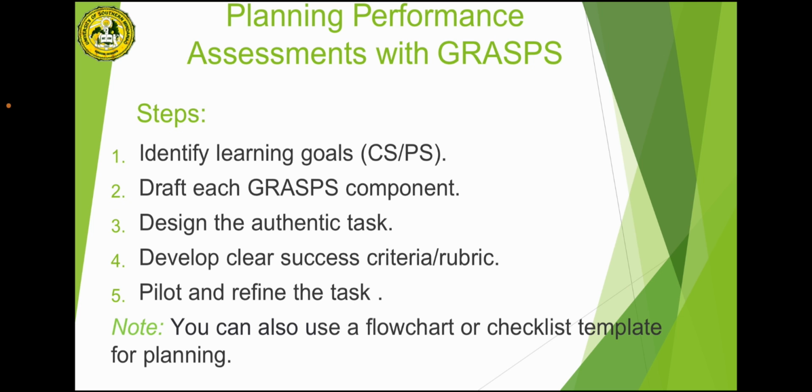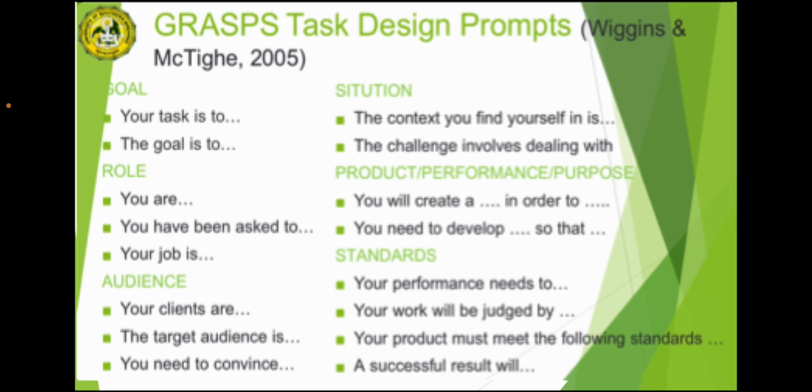Number 2, draft each GRASPS component. 3, design the authentic task. 4, develop clear success criteria and the rubric. 5, pilot and refine the task. Take note of this. You can also use a flowchart or checklist template for planning.